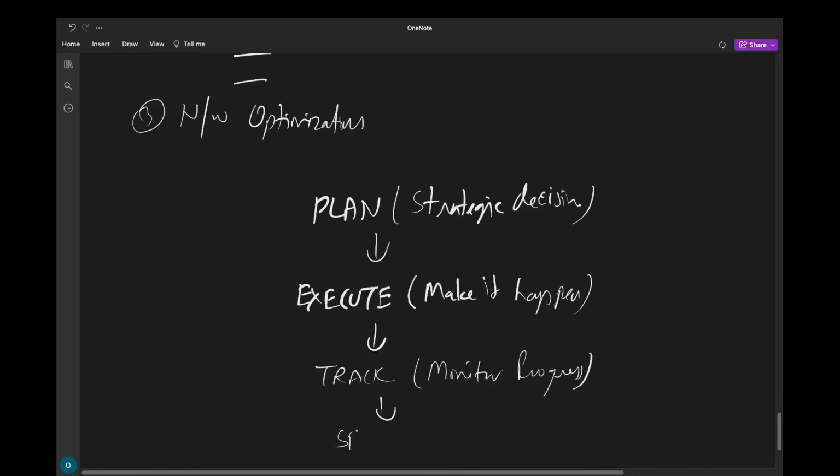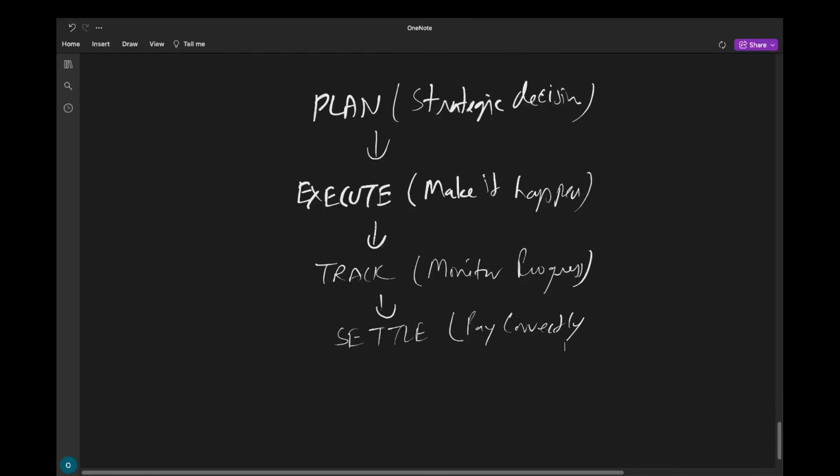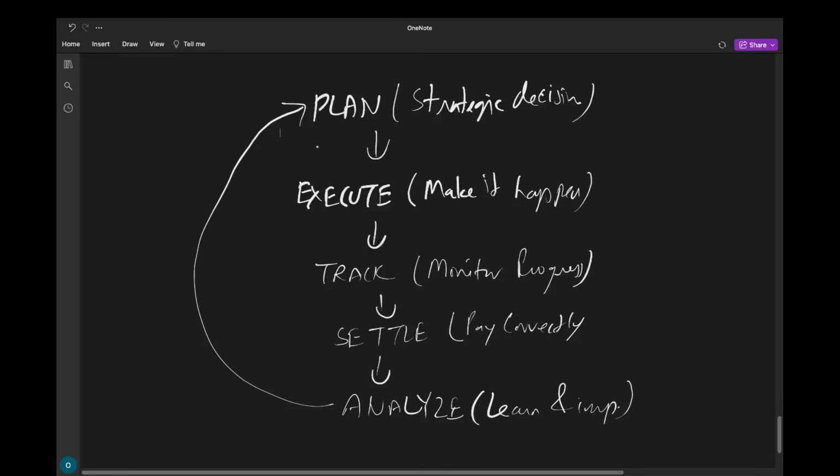Then settle, that means pay correctly. And at last analyze, that means learn and improve. And this analysis again gives an input to the plan. So that is the complete cycle.